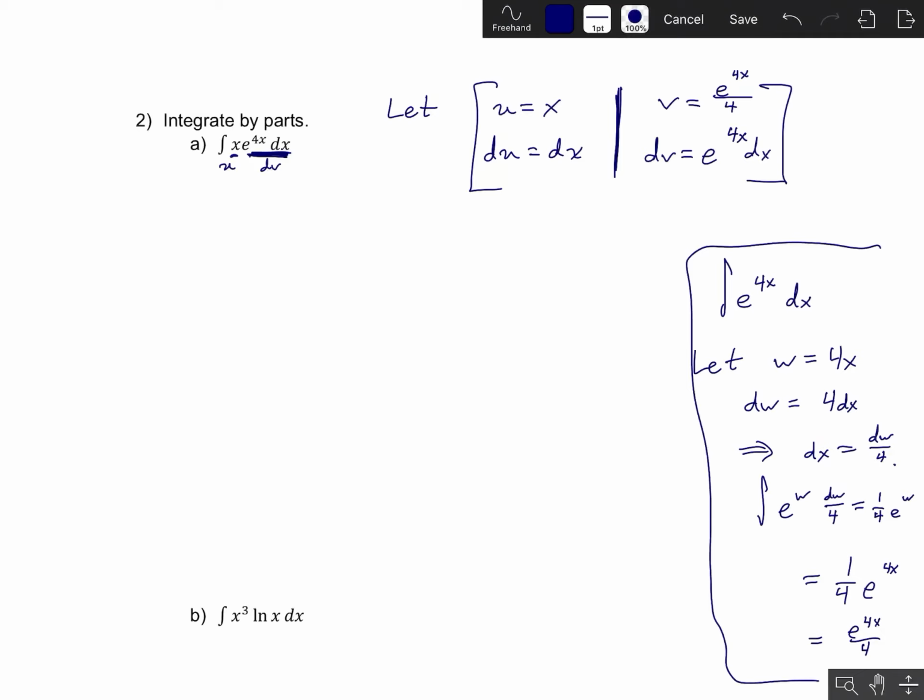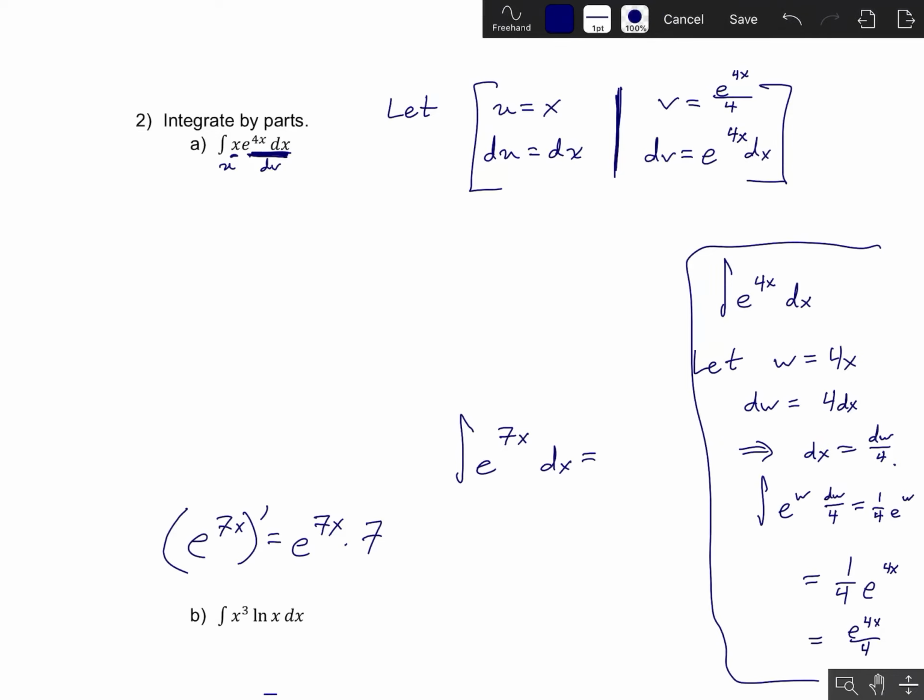Now, this is just a side comment. If you're integrating something like e to the 7x dx, something to remember about exponentials is that if you are differentiating an exponential like this, then the exponential term will stay the same, and then you'll multiply by the derivative of that inside function. So this would be 7 times e to the 7x.